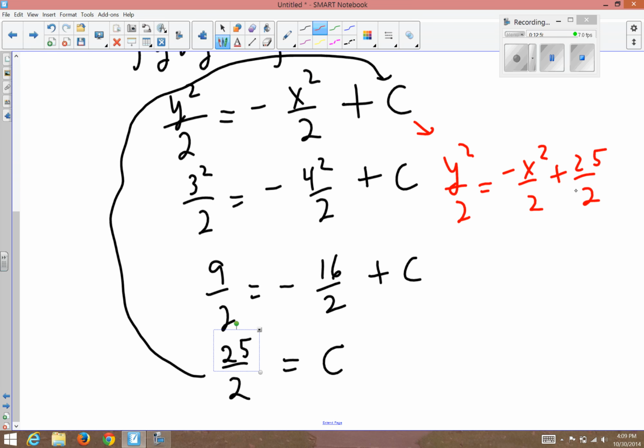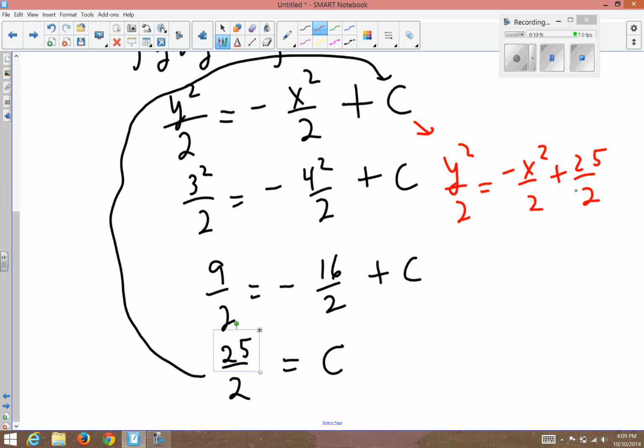In the directions it says indicate the domain over which the solution is valid. The graph of this would be a semicircle because of here x squared plus y squared equals 25 is an entire circle. Y equals just the positive square root, which is just the top of this circle with center 0, 0, radius 5.